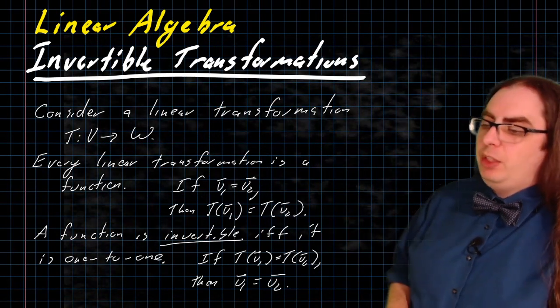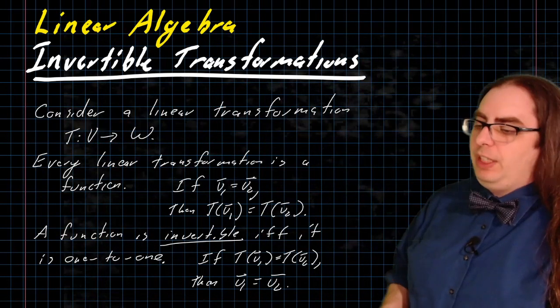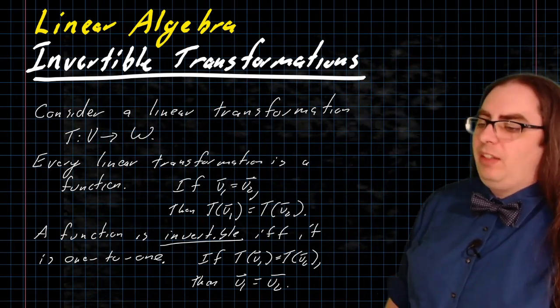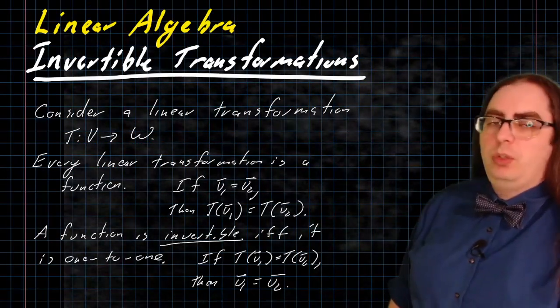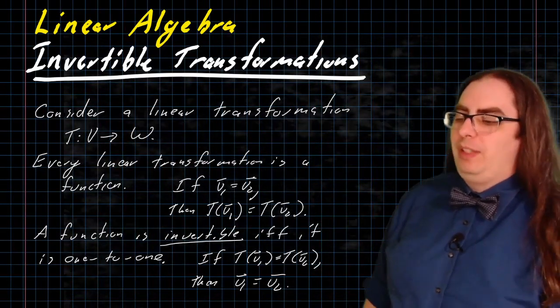If we have a linear transformation T, we've established previously that every linear transformation is a function. One of the key ideas of a function is that if we have two equal vectors, v1 equals v2, and we take the transformation, we get the same thing out. T of v1 is equal to T of v2.